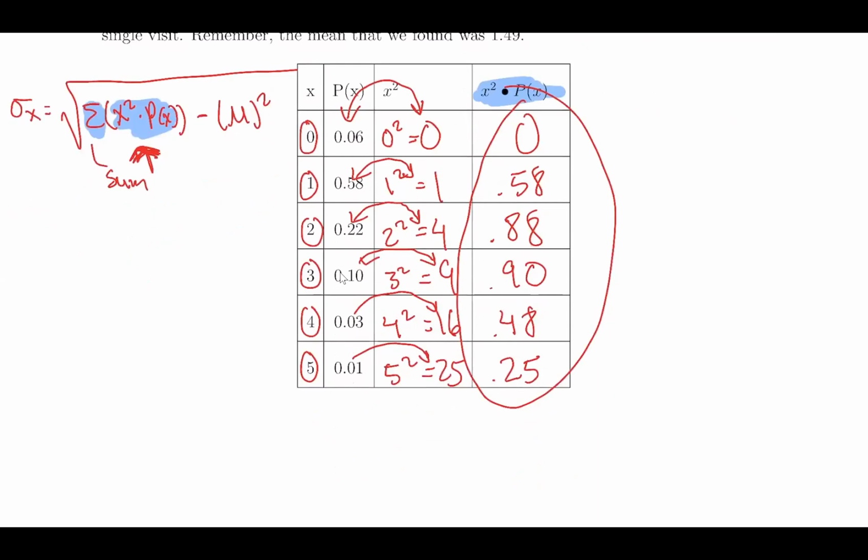So we're going to say 0 plus 0.58 plus 0.88 plus 0.90 plus 0.48 plus 0.25. And we just want to see what they add up to. 3.09. What was that again? 3.09. Cool.